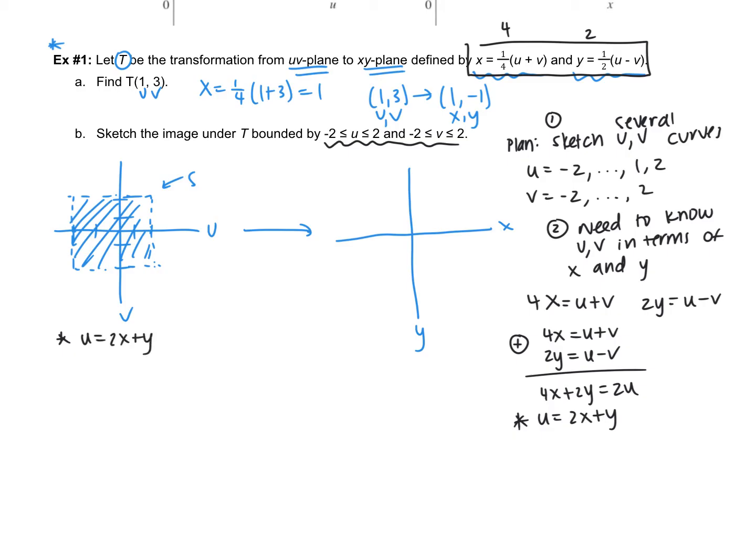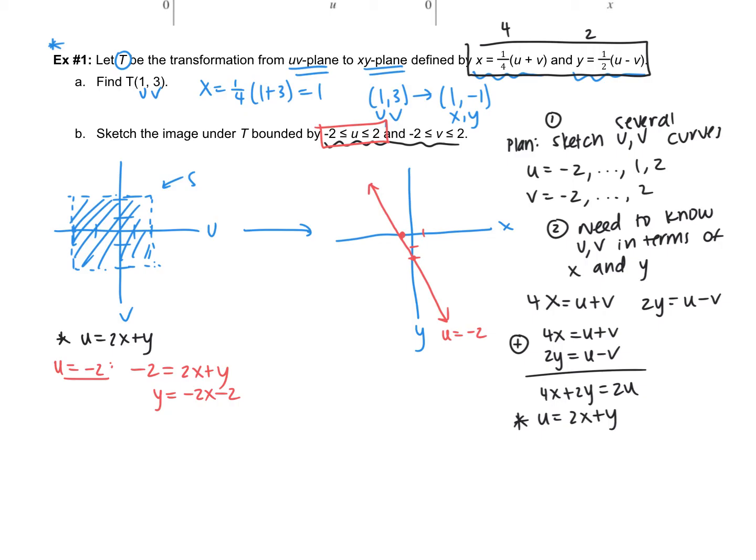Well, now I can go back and say, I have these bounds for u, so let's draw some curves. If I choose u to be -2, that gives me -2 = 2x + y, or the line y = -2x - 2. So that gives me this curve right here for u = -2.